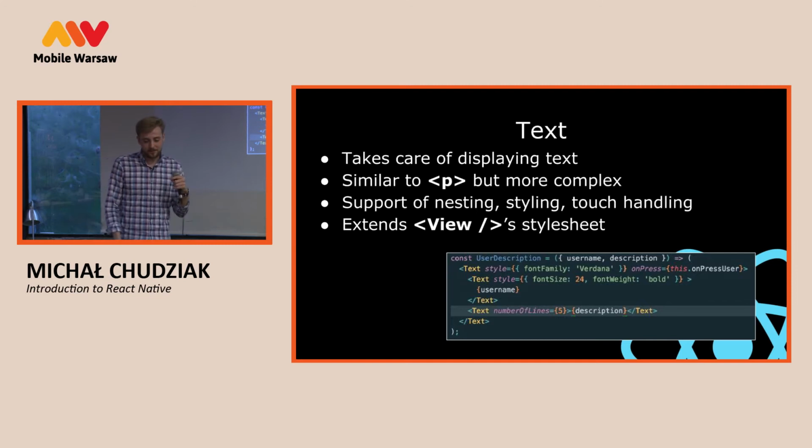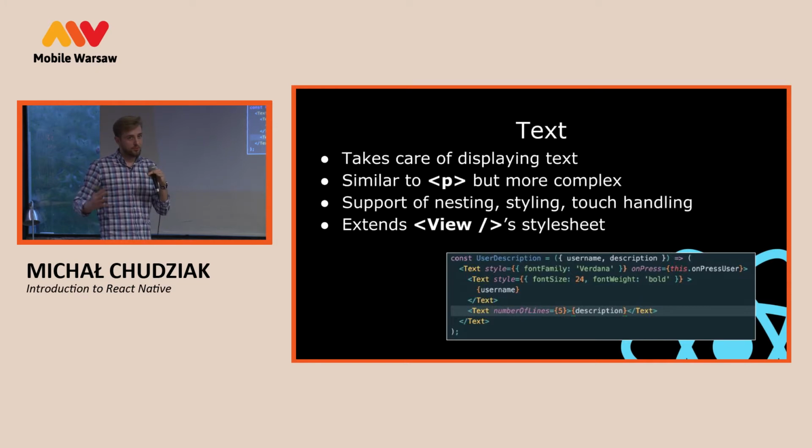But sometimes you have to display text, and if you put plain text inside the View, it will probably result in an error, because the component which takes care of this kind of thing is Text. It's a bit like HTML's p tag, and it supports nesting, styling and touch handling.